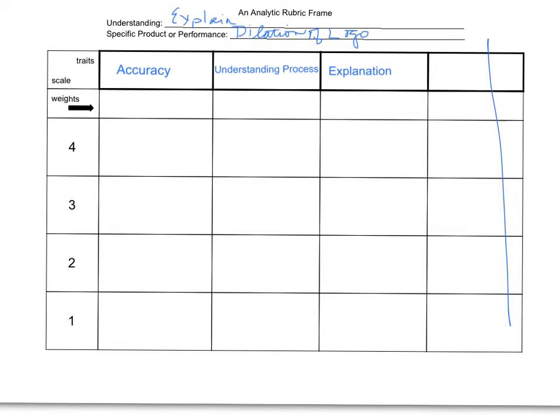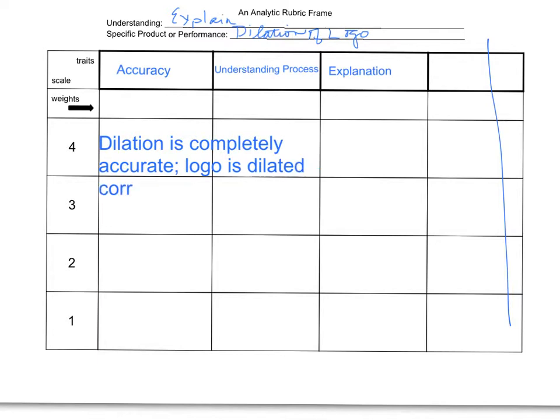So my stem says completely accurate. I like that. I'm going to keep it, but I'm thinking about what is completely accurate. So it's the dilation. So dilation is completely accurate. The logo is dilated correctly.